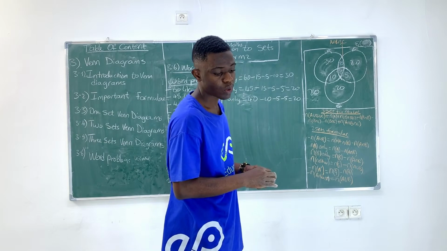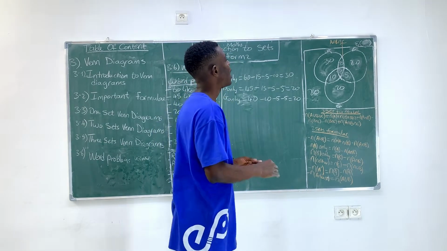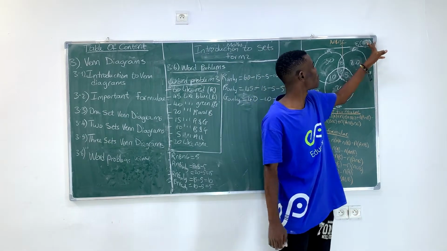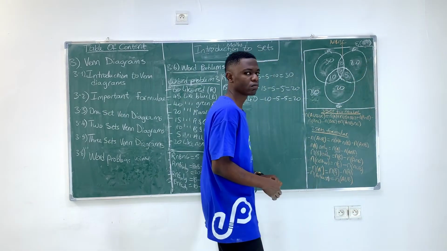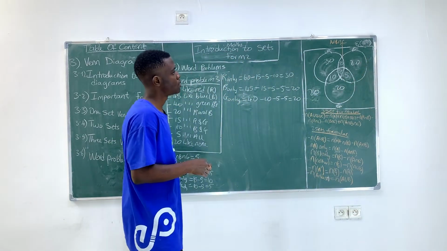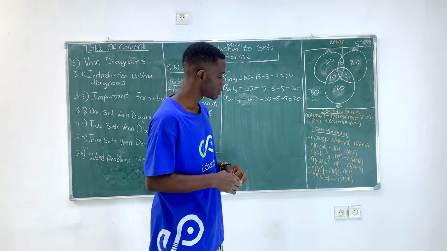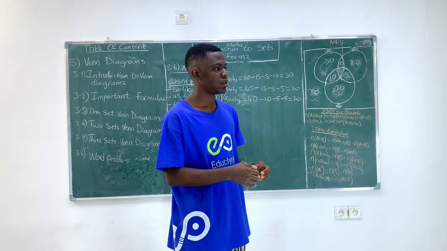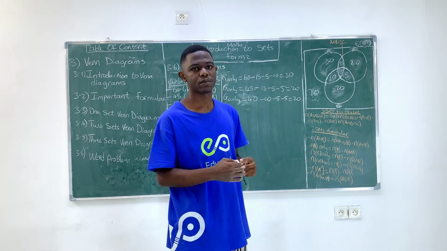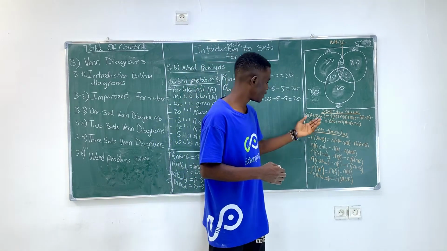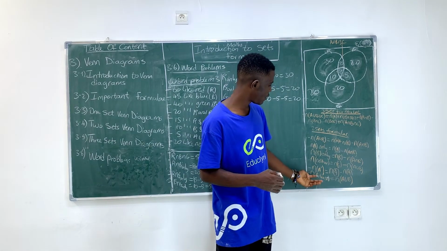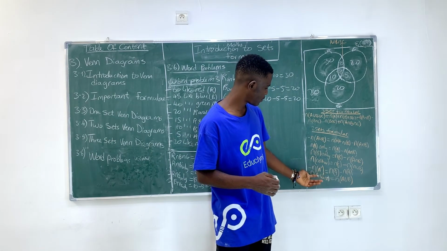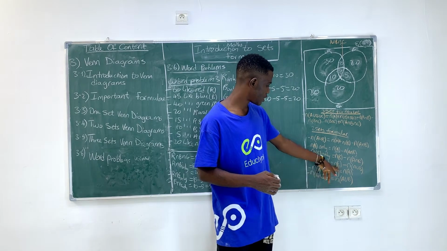How many people were surveyed? They're asking us for the sample space. That is the only question the question asks, just to find the sample space. So we are about to check which formula comprises the sample space.